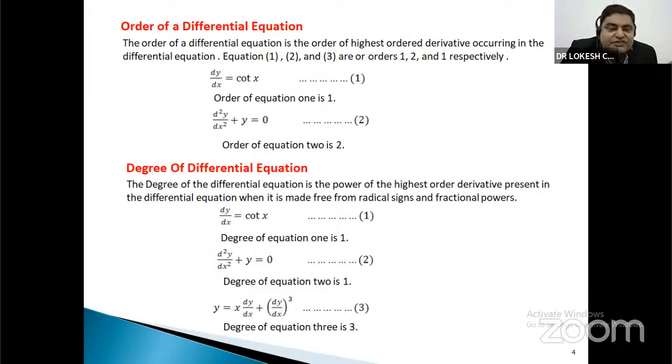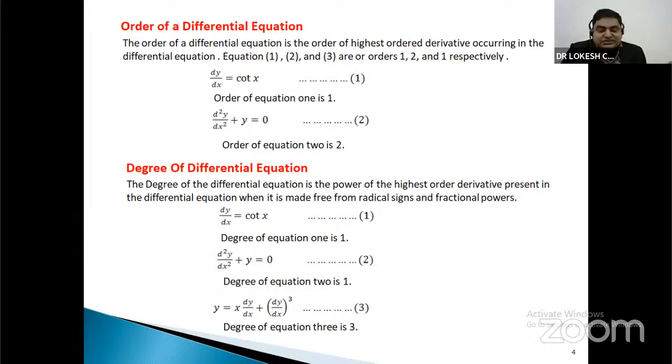As in equation number 2, the highest order derivative is d2y/dx2, and here the power of d2y/dx2 is 1. So we will say that it is an ordinary differential equation of order 2 and degree 1. Now if we check equation number 3, y equal to x dy/dx plus (dy/dx) whole cube.